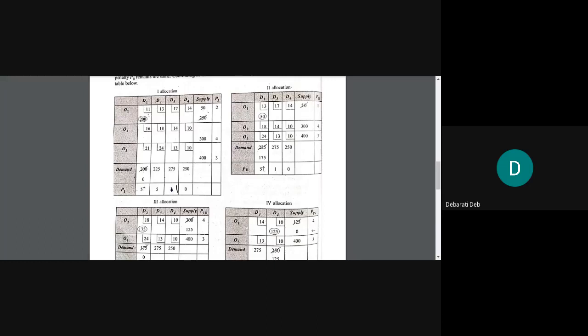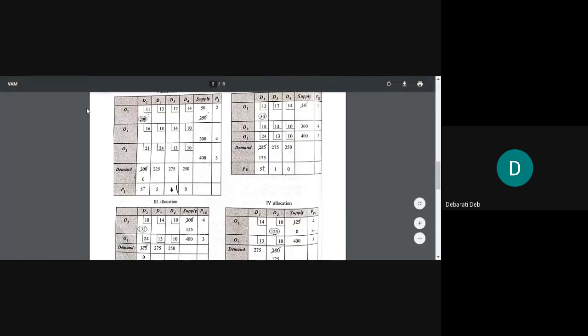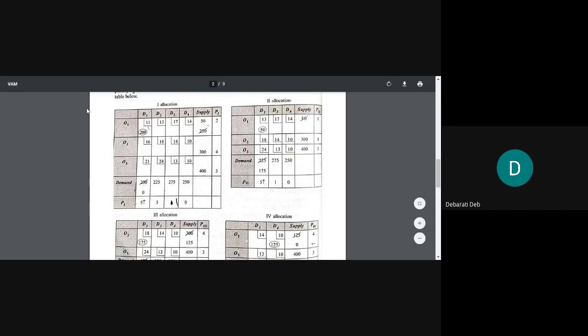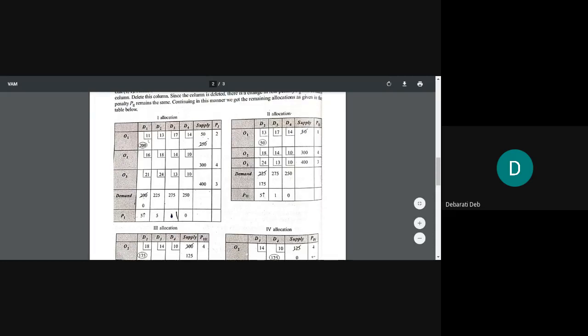Now all of you listen to me properly. These are the method steps for solving the transportation problem with VAM. What you have to do is, after writing the supply column in your first allocation table, you will make another column.